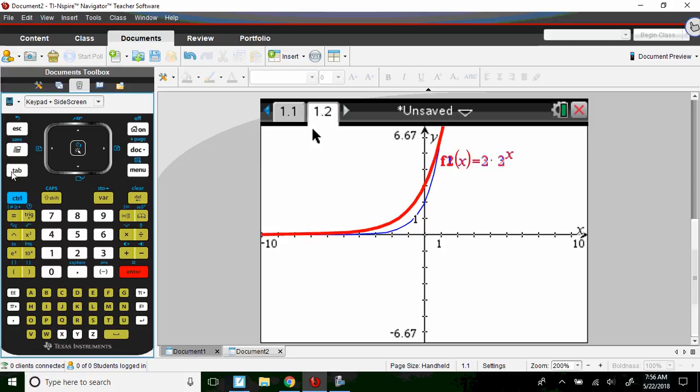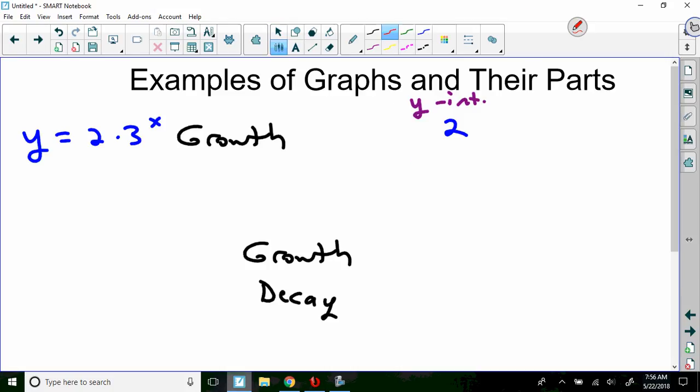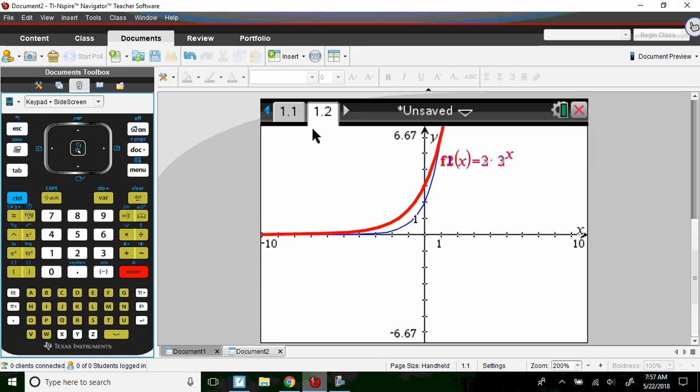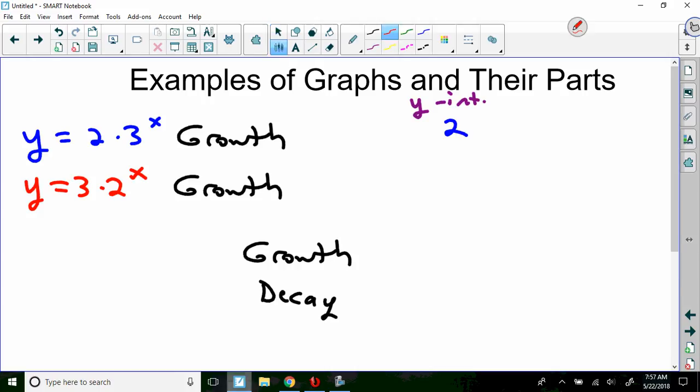This one's also growth. So for this next one, y equals 3 times 2 to the x, it's also growth. And let's see if we can find the y-intercept of that red one. Can you see it? Oh, it's 3 this time. The y-intercept here is 3.